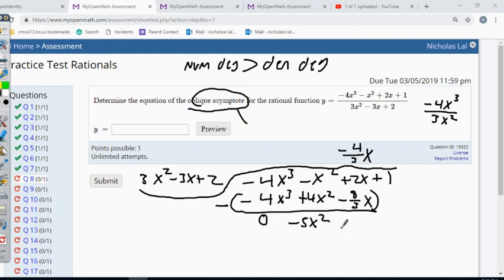And then I have 2x minus 8/3 x is 6/3 x plus 8/3 x is going to be 14/3 x plus 1. And so now I need to cancel out negative 5x squared.